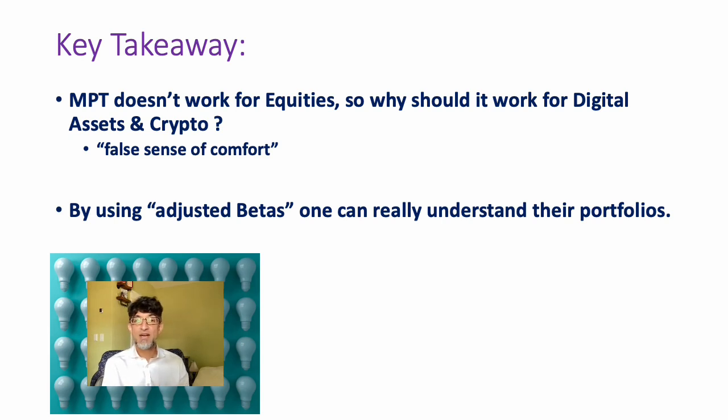So if Bitcoin goes up 10%, our asset is going to go up 1.2 times that, so 12%. It'll move 12%.